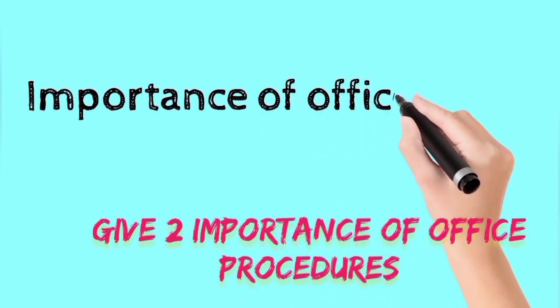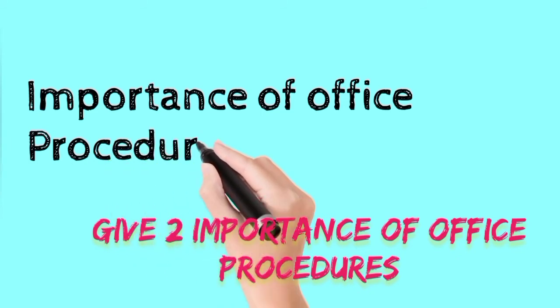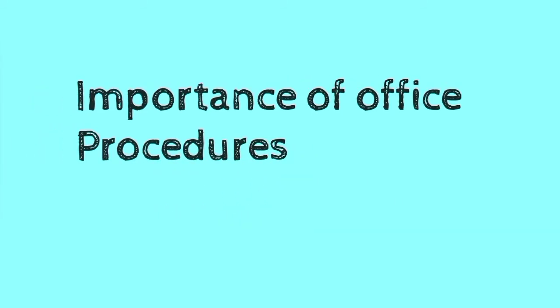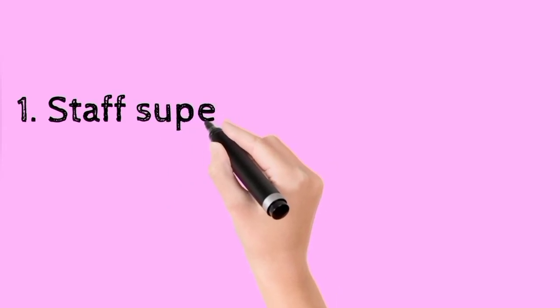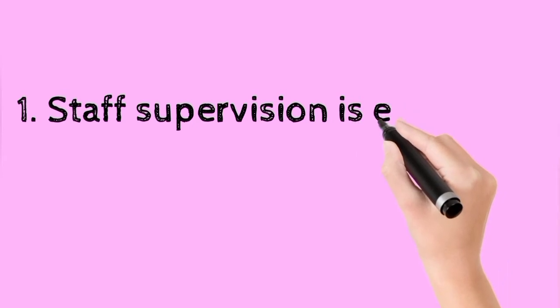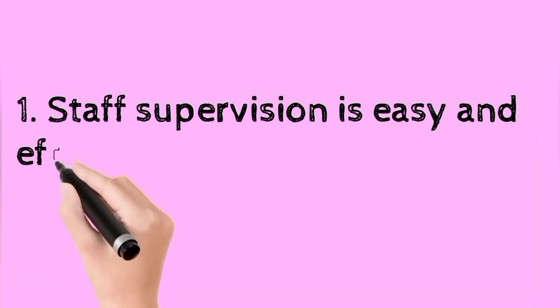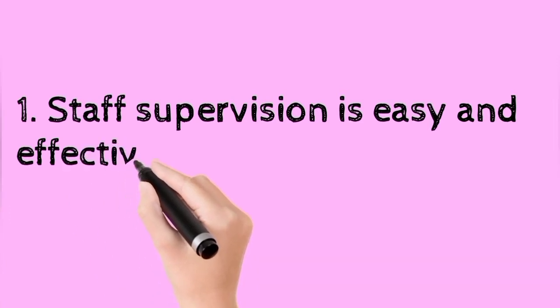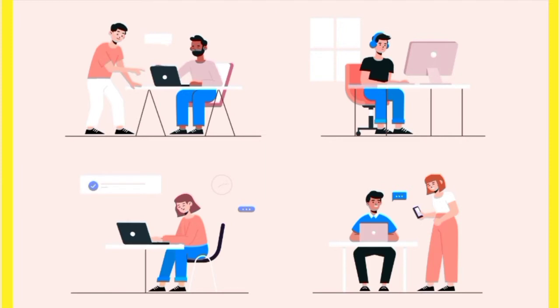All right, importance of office procedures. Office procedures are very important to every organization. One of the importance is staff supervision will be easy and effective when there is office procedures.